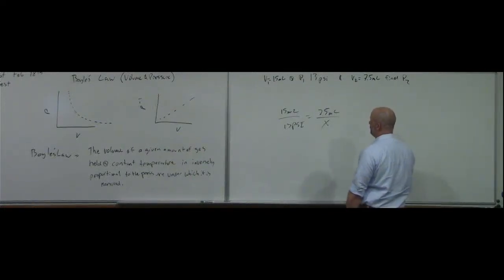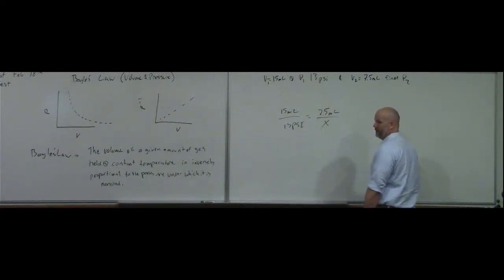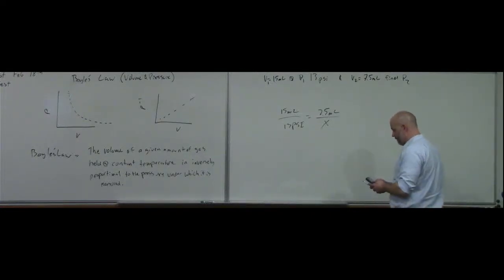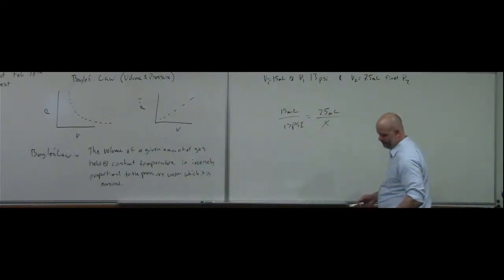And this one, you really don't even have to think about it, do you? Volume is cut in half, so the pressure's got to double, doesn't it? Go ahead and do it anyways, confirm it.